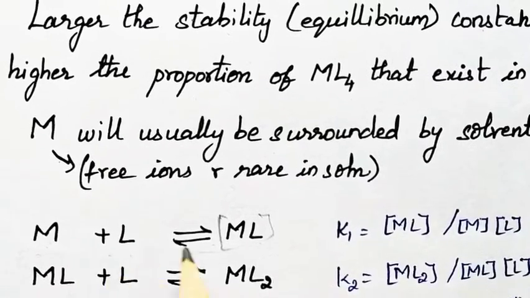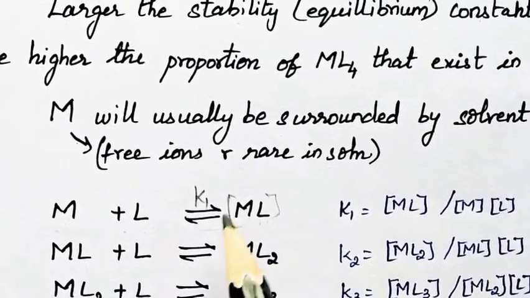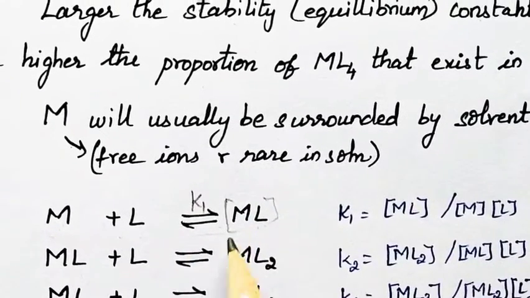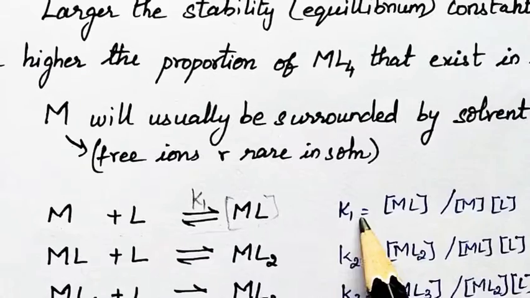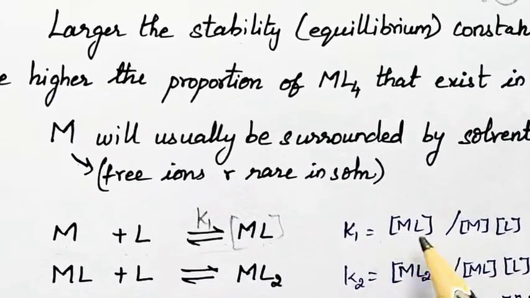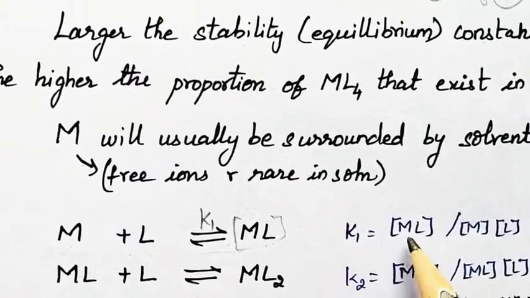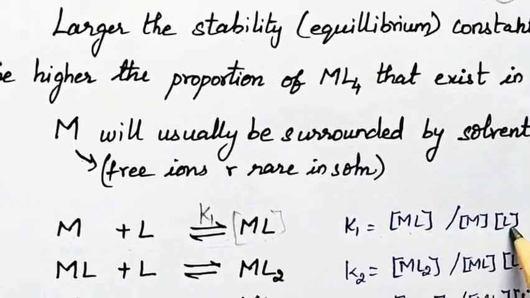Here I take this equilibrium constant as K1, or otherwise I can say the first-step stability constant is K1. According to the law of mass action, we can write this equilibrium constant as the concentration of the product divided by the concentration of the reactants.